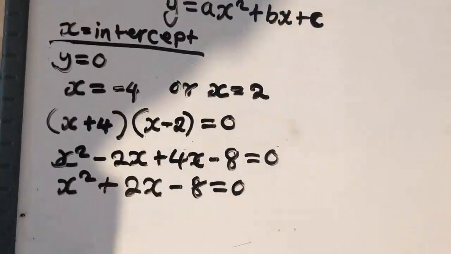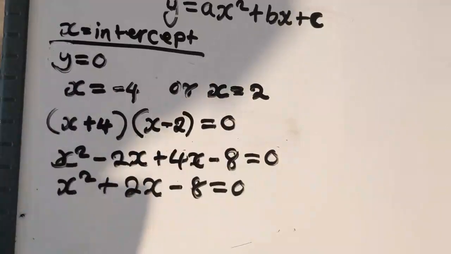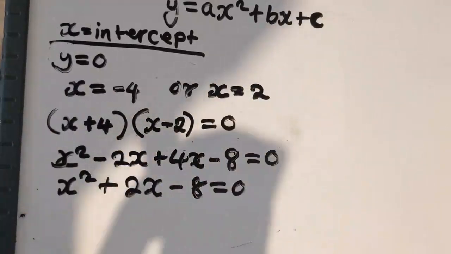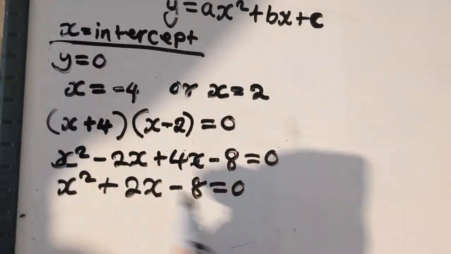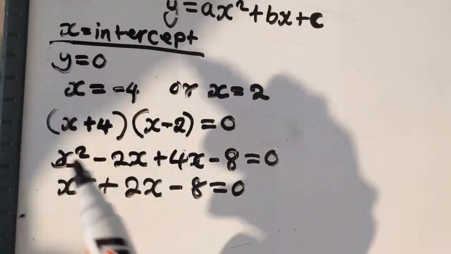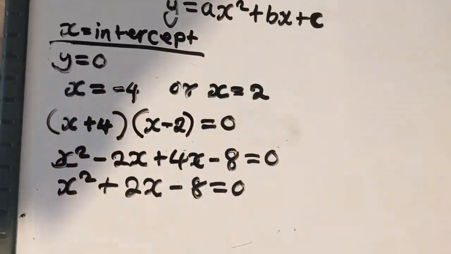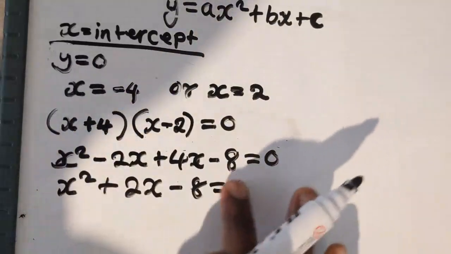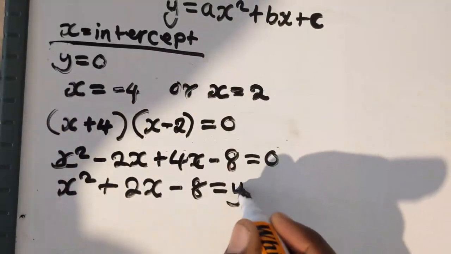So we said that under the x-intercept, y is 0. So we are saying that y is 0, meaning you can remove the 0 and put y. It's just one and the same.